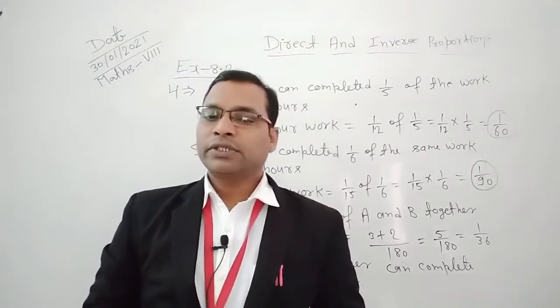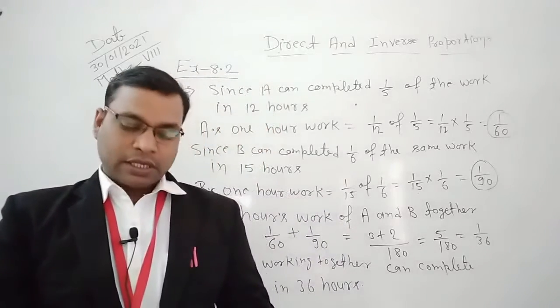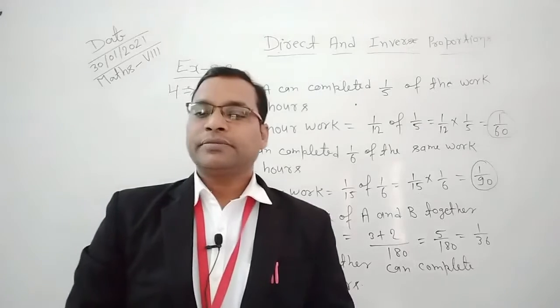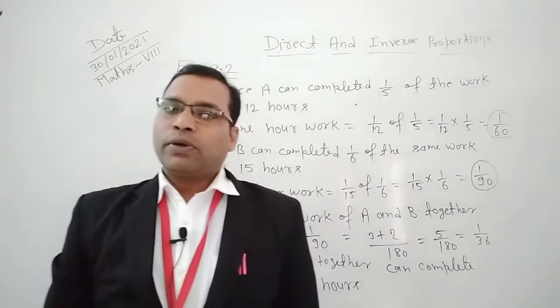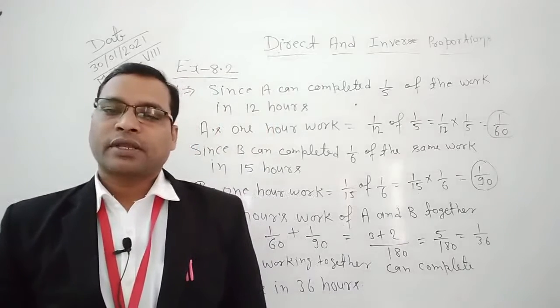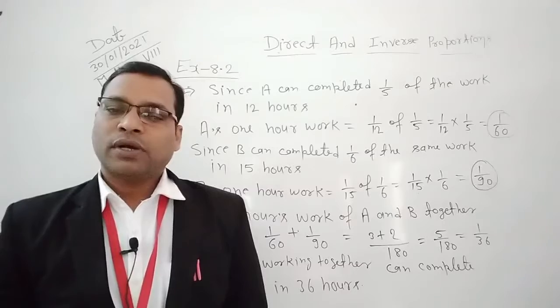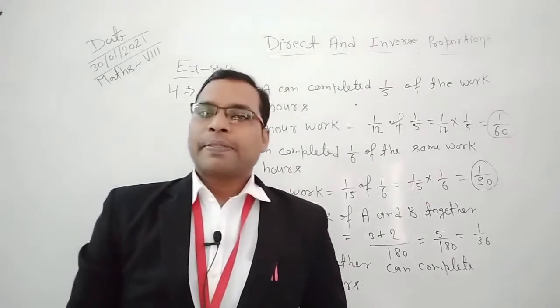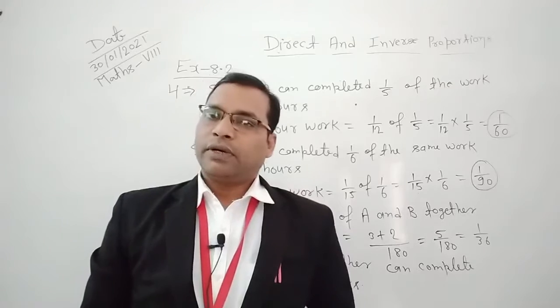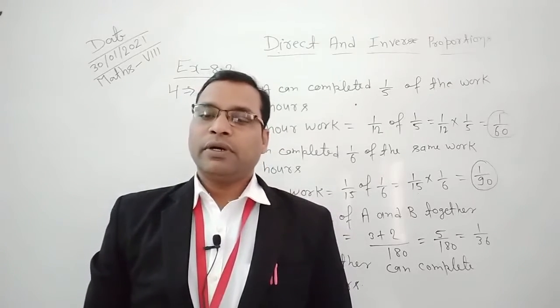So here in this question, if A and B together dig this pond, then they complete it in 20 days. But in this case, they work together only 8 days and B leaves the work. So how long will A take to finish the work if A alone can dig the pond in 30 days?